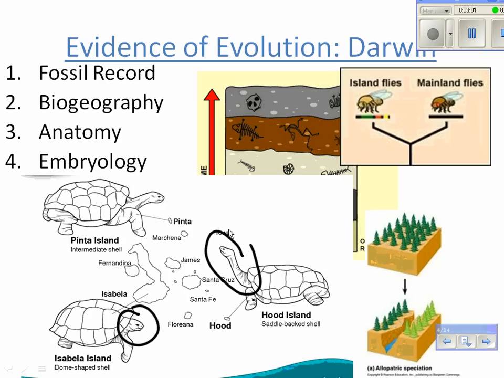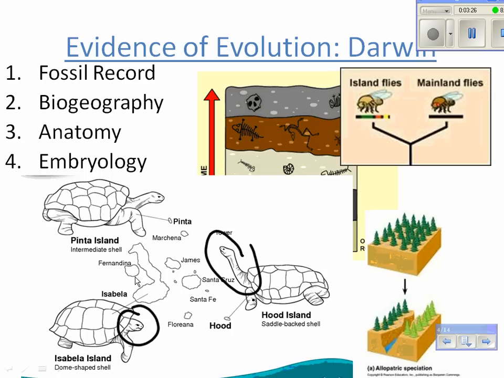The tortoises on Hood Island have very long necks, and the ones on Isabella do not have long necks. And then he notices, well, how about that? The tortoises on Hood Island eat the leaves of trees that are very high off the ground, while the tortoises on Isabella Island do not.